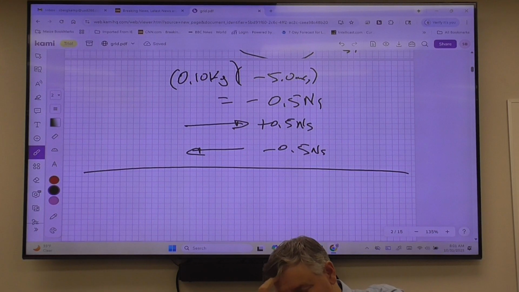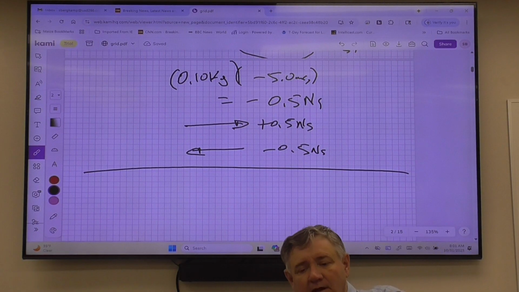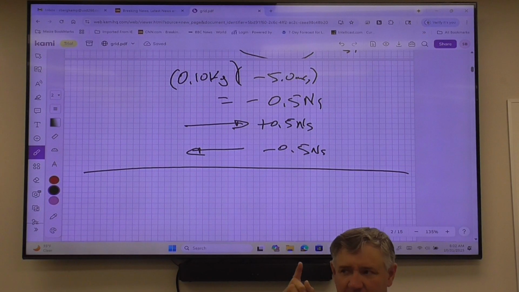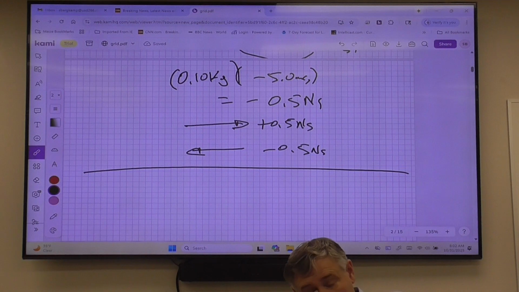Now, interesting thought. Now that we've studied astronomy and gravitational fields and all that good stuff, if I take this golf ball to the moon and make it move at 5 meters per second, how will the momentum on the moon change versus the momentum on the Earth?